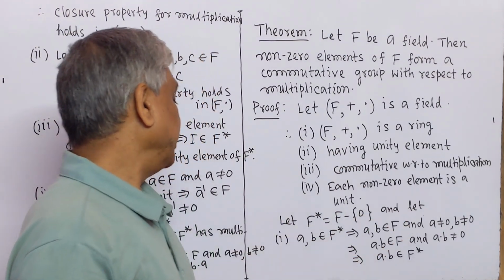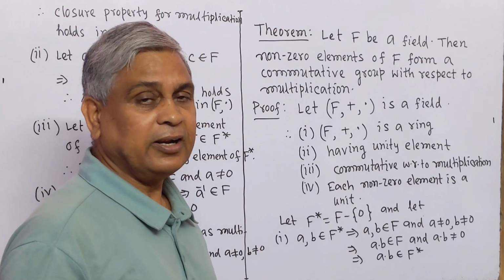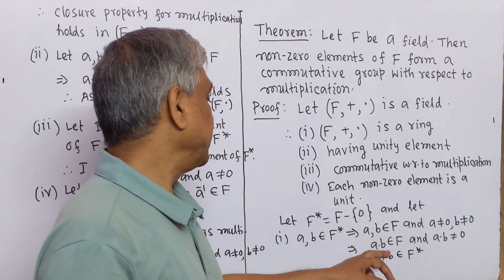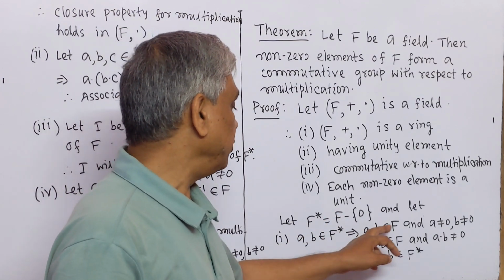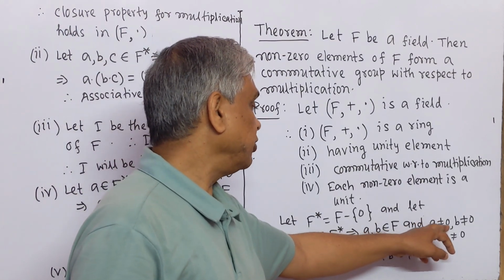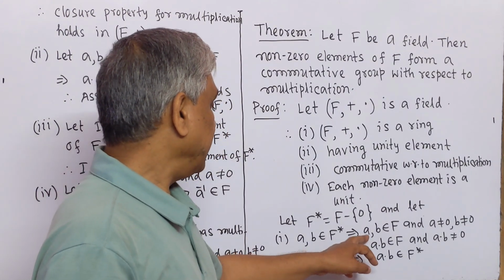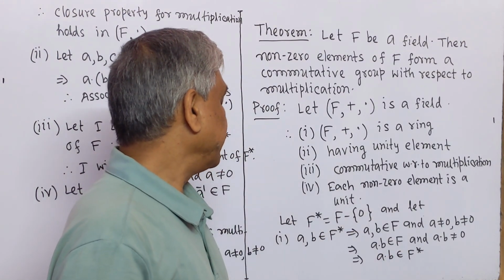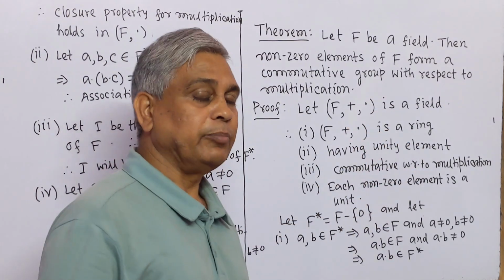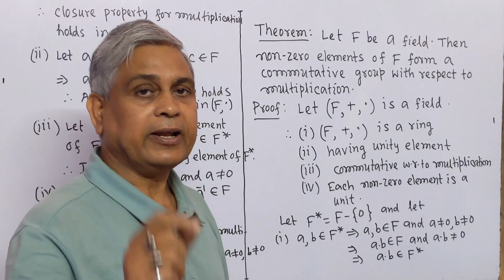Let number 1, a, b belong to F star. Since F star is subset of F, therefore a, b belong to F and a not equal to 0, b not equal to 0. a, b belong to F implies that a multiply b belongs to F, because F is closed under multiplication.